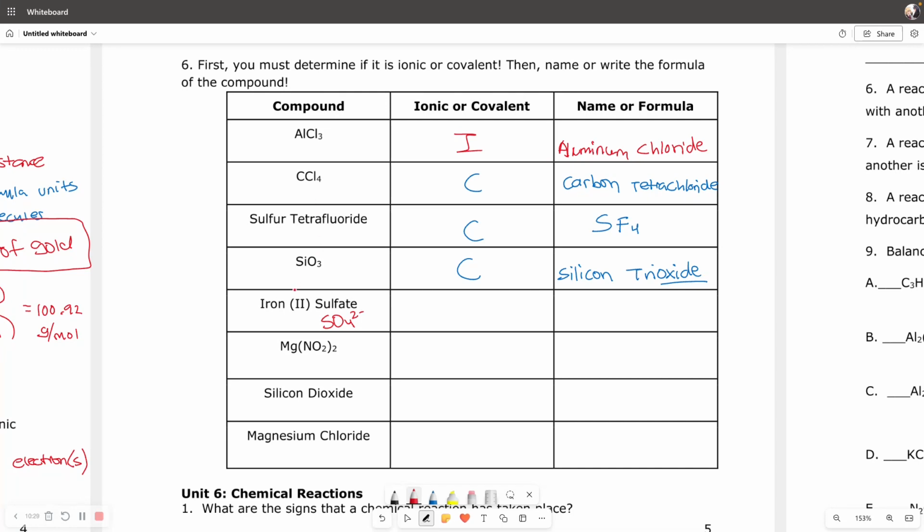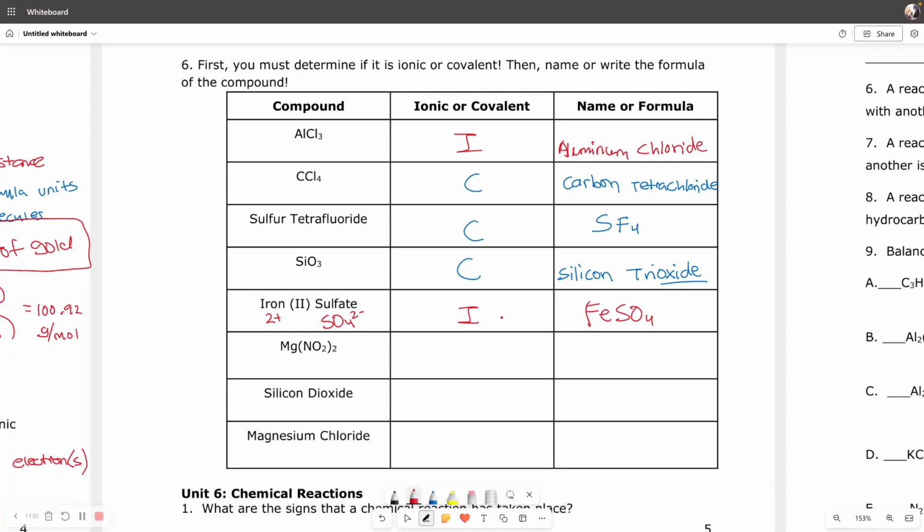So we know this is ionic because iron is a metal. And this number in the parentheses, the Roman numeral, tells us the charge of the iron and tells us that it's 2+. Metals are always positive. So we know iron has a 2+ charge and sulfate has a 2- charge. These charges cancel out. And then you're left with just FeSO4 as the formula.